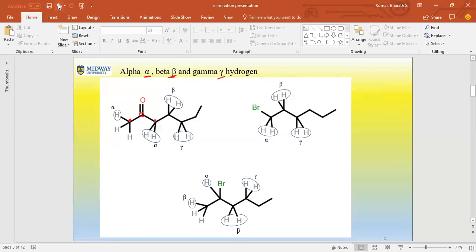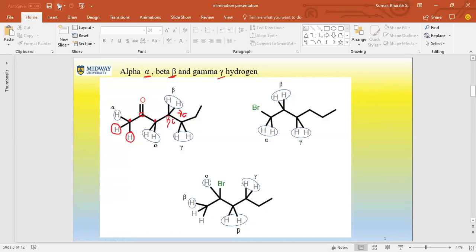This is a CH3, so all 3 have an equal probability of being an alpha hydrogen. I only circled 1 just for reference. All 3 are alpha hydrogens, and on this side, both of these can be alpha hydrogens. The one adjacent to alpha is your beta carbon, so this is your beta hydrogens, and this is your gamma carbon, so this would be your gamma hydrogens. Alpha, beta, and gamma.